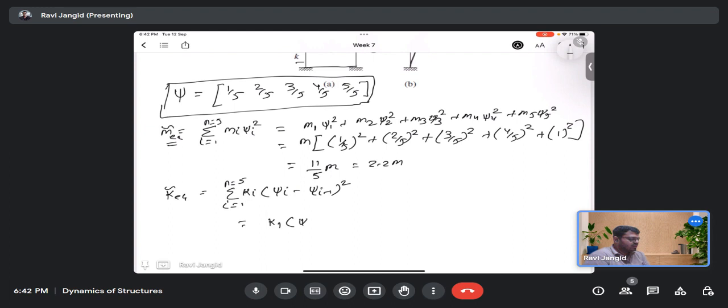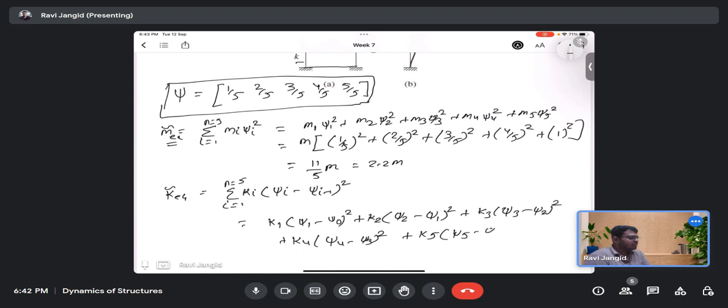K1 into phi 1 minus phi 0 square, K2 into phi 2 minus phi 1 square, K3 into phi 3 minus phi 2 square, K4 into phi 4 minus phi 3 square, K5 into phi 5 minus phi 4 square. Here phi 0 means the zero shape function.